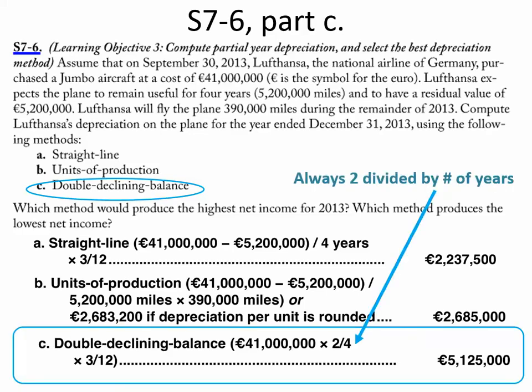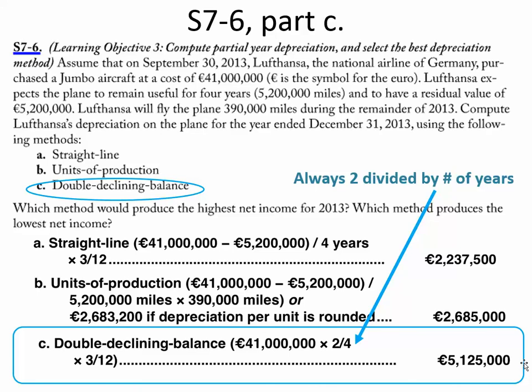So what we have here is 41 million cost times 2 divided by the number of years, which is 4. And then we have to make the adjustment for the partial year. Remember, we only own this airplane October, November, and December, so 3 months out of 12. So we have to make that adjustment. So under double declining balance method, we get depreciation of 5,125,000.